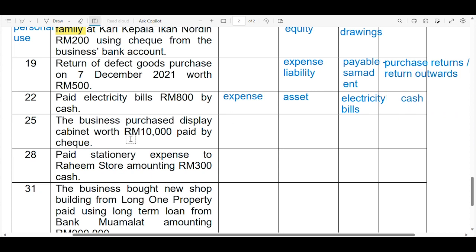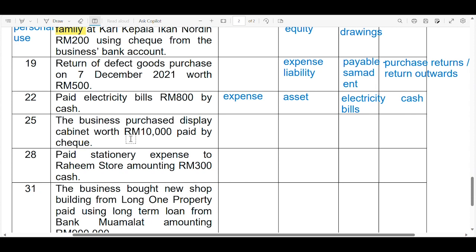The business purchased display cabinet, paid by check. So display cabinet here is not the goods for resale. Display cabinet is a resource used for the business administration, to generate economic benefits in the future, and it is to be used for more than 1 year.